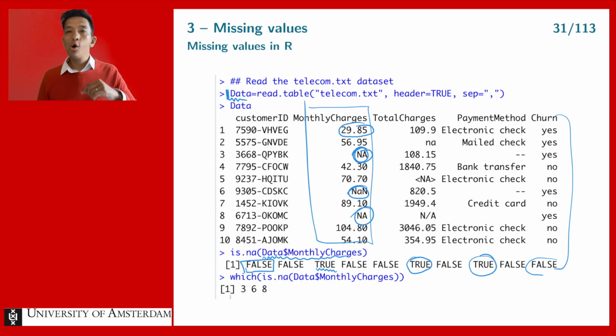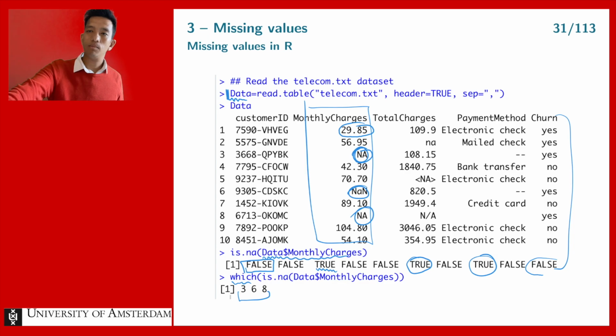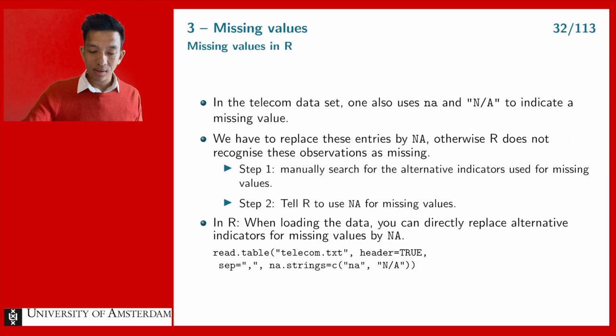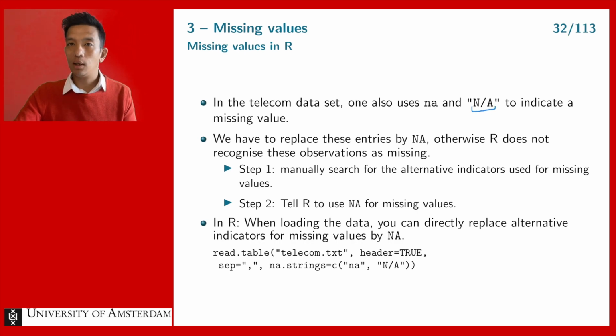If I want to know which customers have missing values for monthly charges, I use the which function, which tells me customers 3, 6, and 8 are the ones with missing values. If you look into the Telecom dataset, you will see that n/a is also used to indicate a missing value.